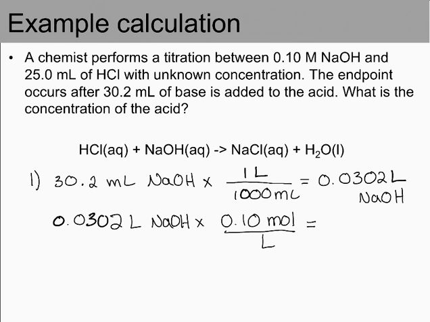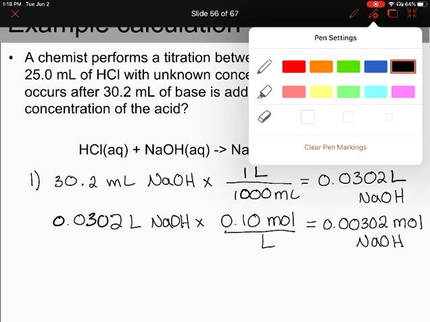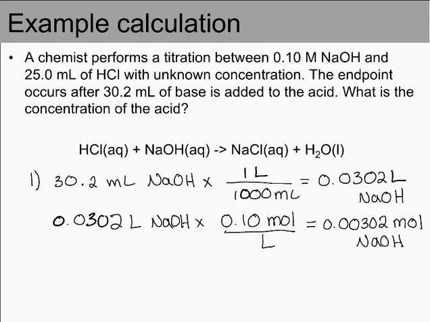So 0.0302 times 0.1 will give us 0.00302 moles of NaOH. So remember to always double check that your units cancel. So milliliters of NaOH cancel with milliliters. And then in our second calculation, liters of NaOH cancel with liters.